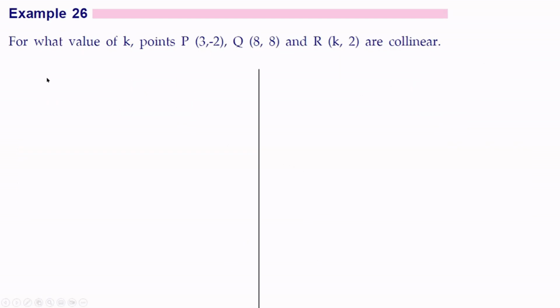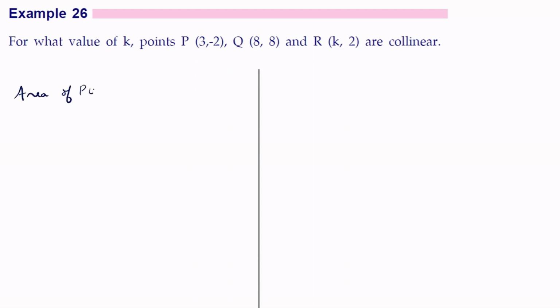Now we have an example. For what value of k are the points P(3, 2), Q(8, 8) and R(k, 2) collinear? So here we say these 3 points are collinear when the area of the triangle is 0. We can find the area of the triangle using the determinant formula.